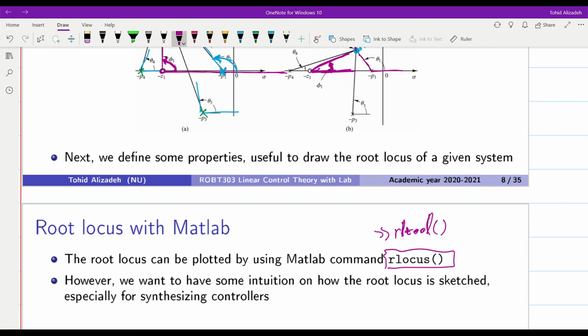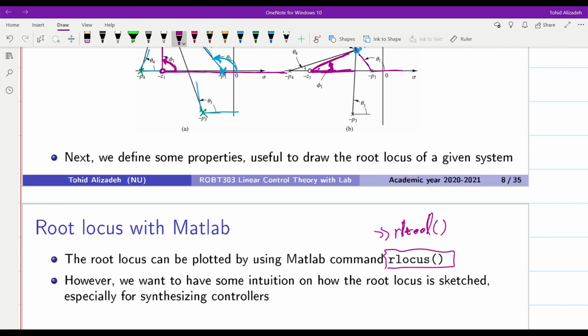However, if you learn to draw the root locus manually, if you learn how the root locus is obtained, you will have more understanding of how the location of the poles of the system changes when you modify the transfer function. If you add a zero or a pole to the system, how the root locus of the system is going to change, and how you can use this to design a proper controller.